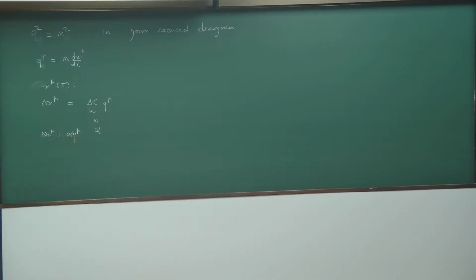Right? So you have a physical on-shell particle going from this vertex to that vertex. I'll assign a classical trajectory to it. I will write the displacement that happens as alpha times q^mu, where alpha has the interpretation of delta tau over m.